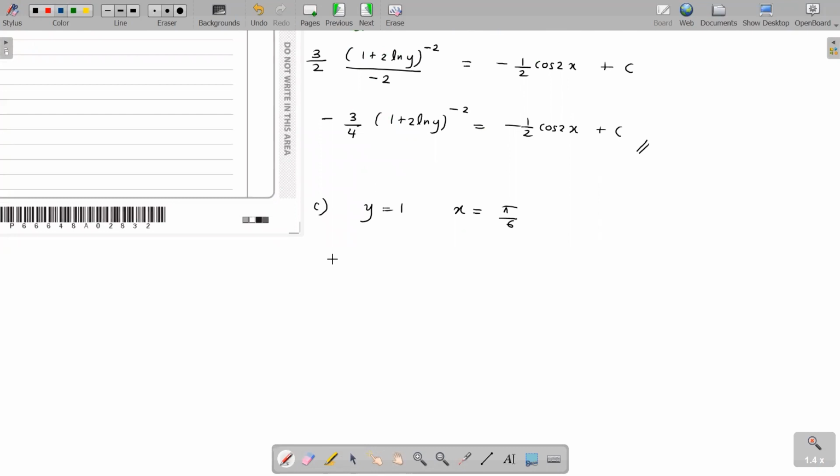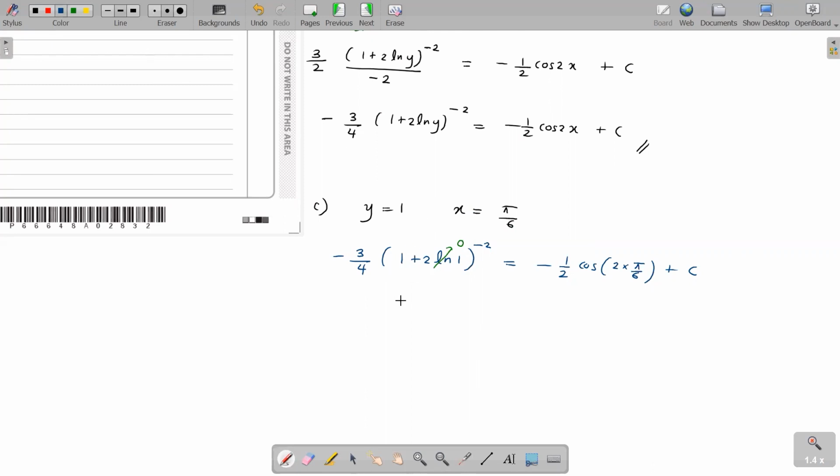So let's input our answer. I get here minus 3 over 4, 1 plus 2 ln y, with y equal 1, to the power minus 2. Are you with me? Minus half cos 2 times x, with x is pi over 6, plus c. Basically, when we get the particular solution, I first have to find the unknown c term. So what do I get here? ln 1 is 0. 1 plus 0 is 1.